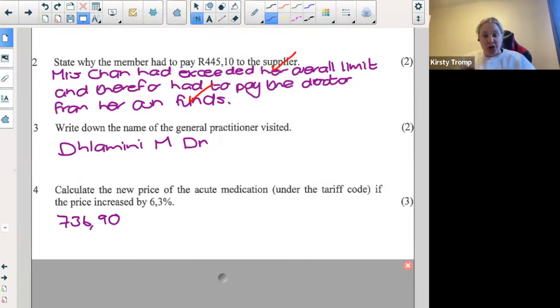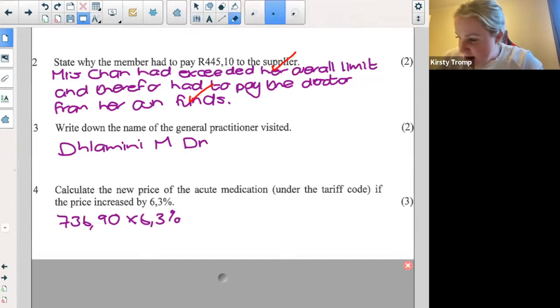Okay. So there's two different ways you can do this. Either, if you've got one of those fancy scientific calculators, you can literally say on your calculator 736 Rand 90 plus 6.3%.